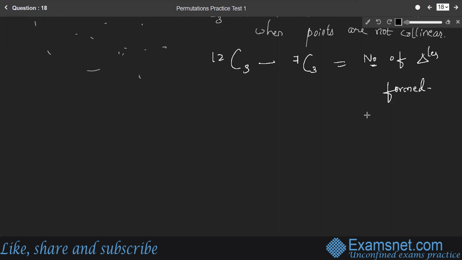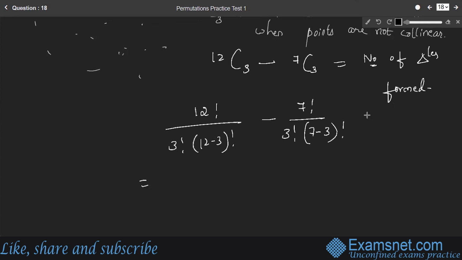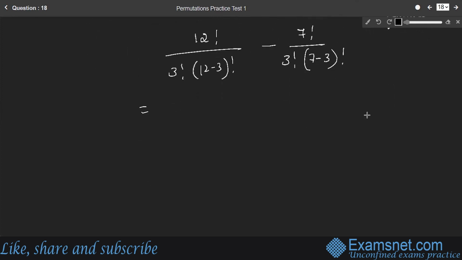What is 12C3? 12C3 means factorial 12 by 3 factorial into 12 minus 3 factorial, minus 7 factorial by 3 factorial into 7 minus 3 factorial. So 12 into 11 into 10 into 9, so on up to 2 into 1, by 3 into 2 into 1 into 12 minus 3 factorial, which is 9 factorial, so on up to 2 into 1.